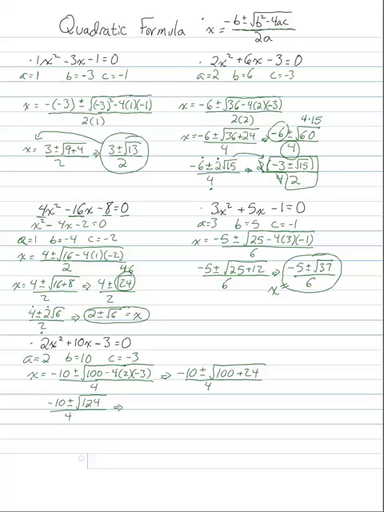Square root of 124, 4 would go into it 31 times. So I'd get negative 10 plus or minus 2 square root of 31, square root of 4 is 2, over 4. And again, I can look at it and say, okay, between 10, 2, and 4, 2 goes into all 3 of those. So I can just divide it out. Minus 5 plus or minus square root of 31 over 2. And I'm done.